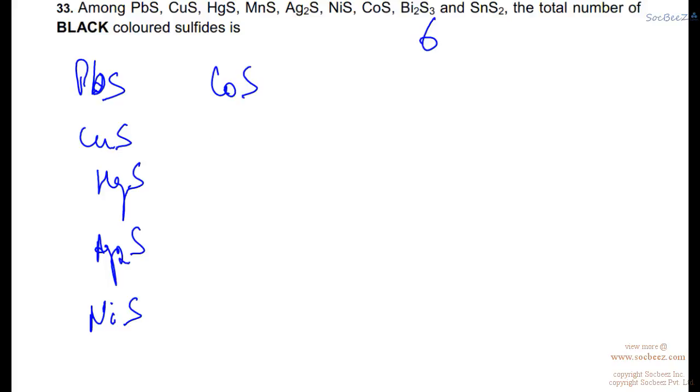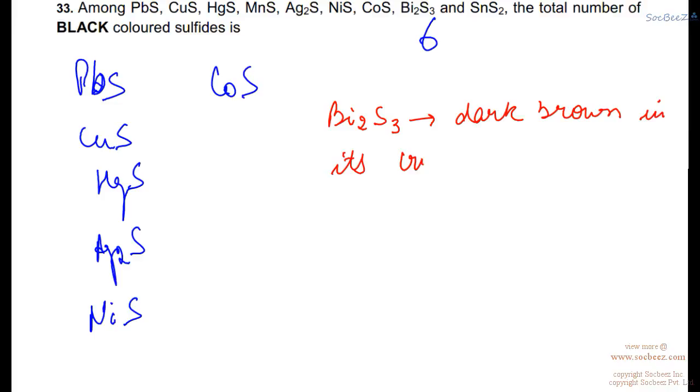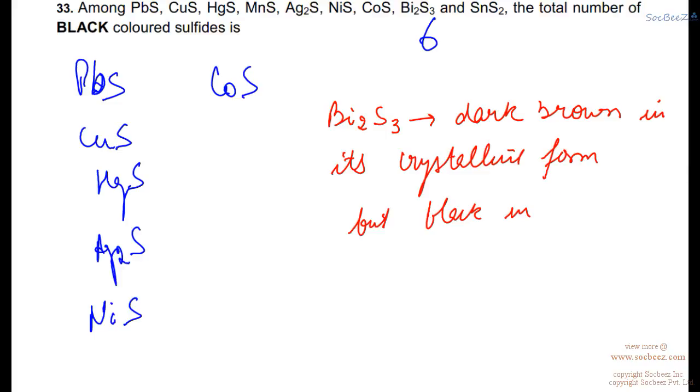Now here I would like to note one thing. In case of Bi2S3, it is dark brown in its crystalline form, but black when precipitated.